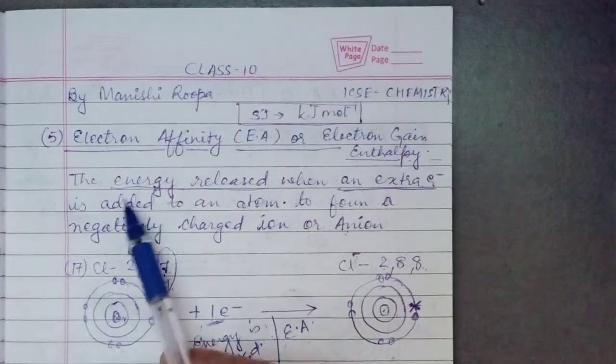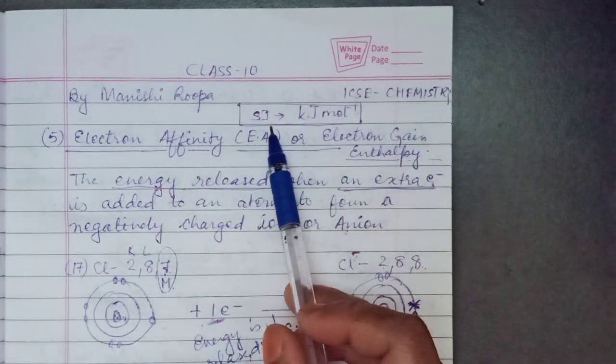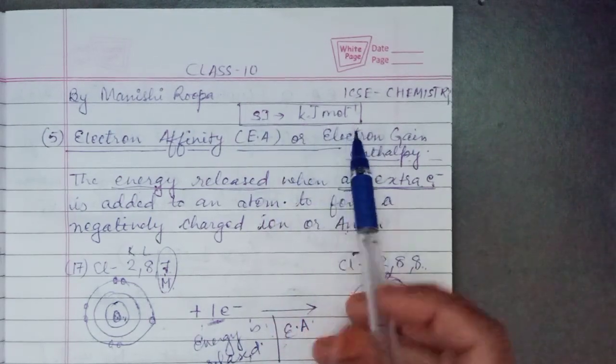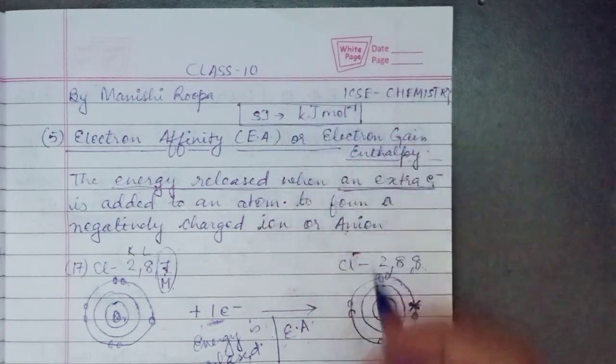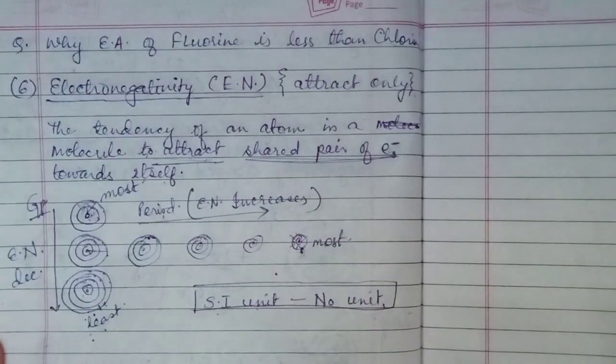And for electron affinity, the SI unit will be same as ionization energy, that is kilojoule per mole. Okay, kilojoule per mole is the SI unit for electron affinity, and no unit for electronegativity. Okay, clear to you all? Now we will solve some questions based on these two topics today.